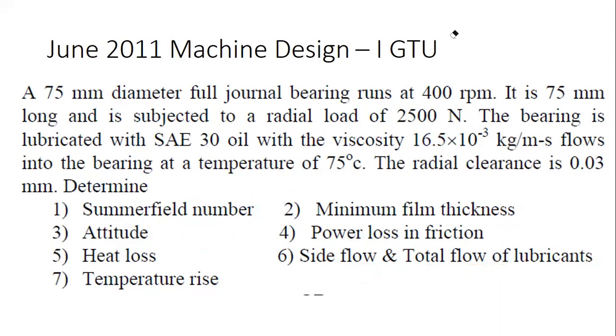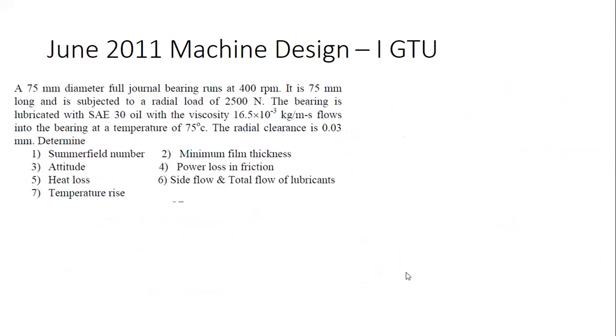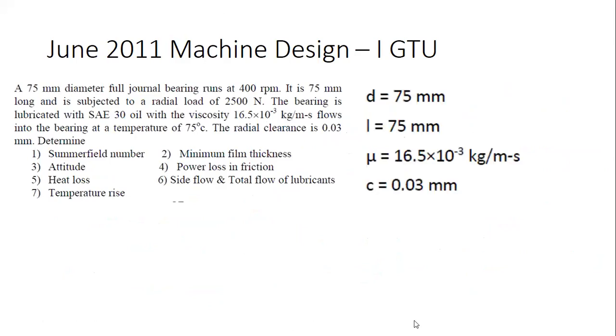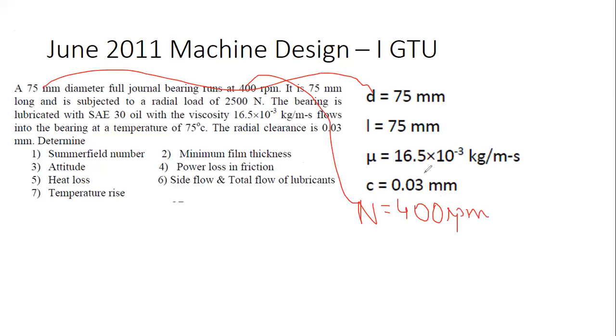So let's first mention the given data. Like I said, the first thing given is the journal diameter, then the revolutions per minute, that is capital N. It's in revolutions per minute, and we will have to convert it to revolutions per second.